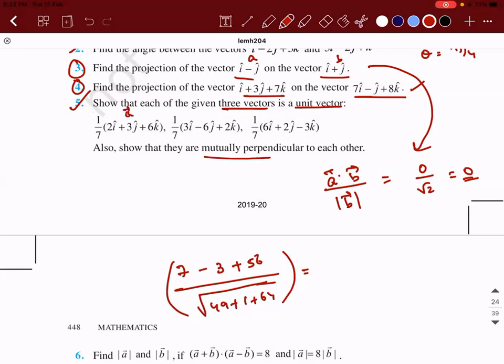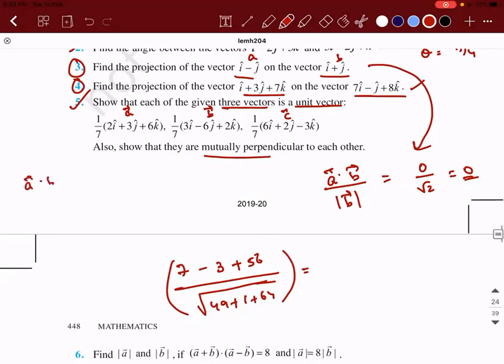If I take these as A vector, B vector and C vector, then A dot B should be equal to B dot C, should be equal to C dot A, should be equal to 0. Okay, what is A vector dot B vector? 6 minus 18 plus 12, divided by whatever it is. So this will come out to be 0. You will concentrate on the numerator.